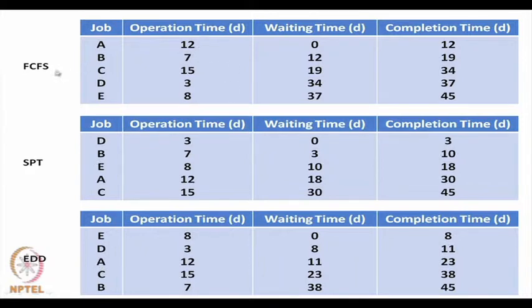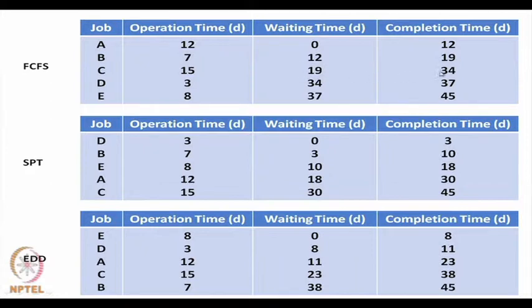Now, for first come first serve, A is processed first, so its waiting time is 0 and completion time is 12. Job B has to wait for 12 days before work can start. So, 12 is the waiting time and it takes 7 days, so on the 19th day the work will be complete. Job C has to wait for 19 days before work on job C can start.